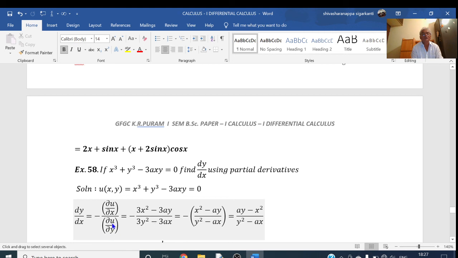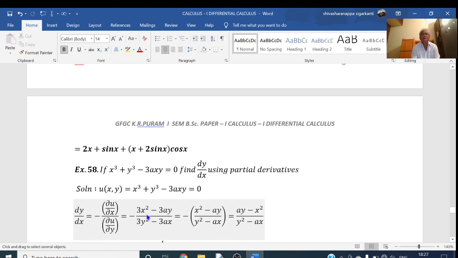Divided by dou u by dou y. Differentiating with respect to y, x cube derivative is 0, y cube derivative is 3y square, minus 3ax. This is equal to, you can take 3 as a common factor. Then 3 gets cancelled.